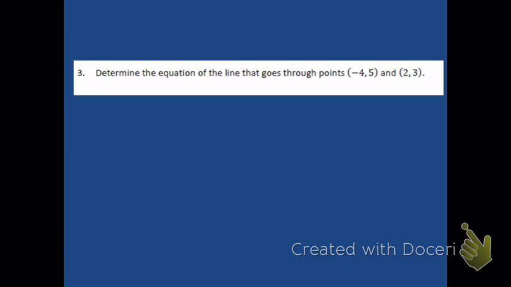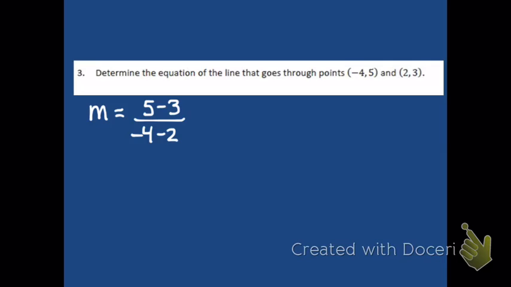Okay, exercise 3 seems a little bit different because we're not given the graph, but they've actually just done some of the work for us and given the coordinates of 2 points, which is where we would have started anyway. So with the coordinates of 2 points, I can figure out the slope. So the slope is the difference in the y divided by the difference in the x coordinates.